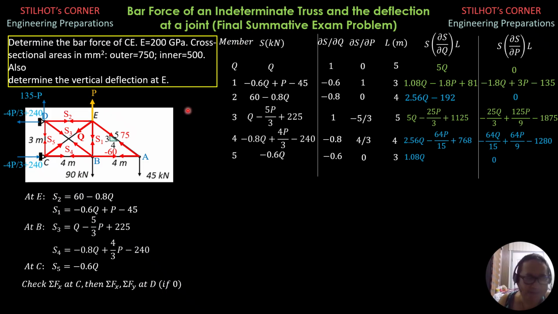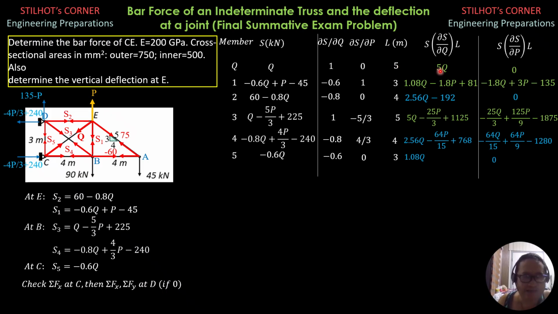So we have members Q, 1, 2, 3, 4, 5, because these two members here have constant stresses or forces, therefore they have no contribution to the force in member CE, which is Q. Then member Q, the partial derivative of S with respect to Q is 1, with respect to P is 0, length is 5, so 5Q.